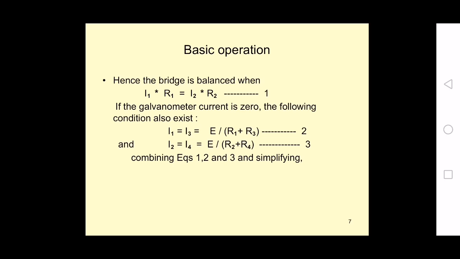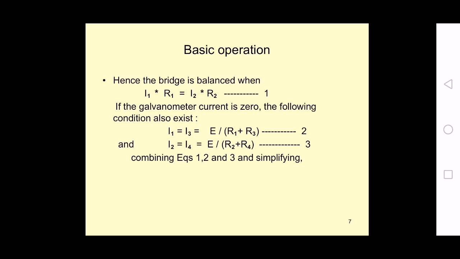From the diagram, I1 equal to I3 equals the supply voltage divided by R1 plus R3. Similarly, I2 or I4 will be equal to the supply voltage divided by R2 plus R4.